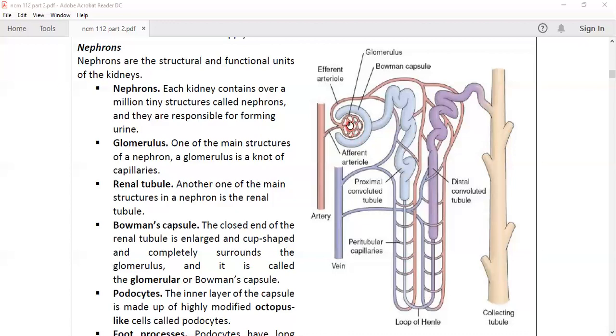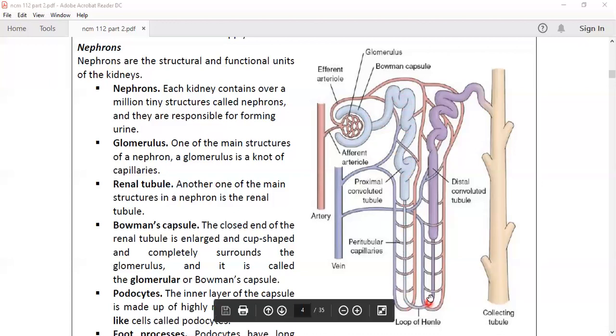Anything in the blood that's destined to go out of your body will be filtered here. Your Bowman's capsule will now catch those filtrates and then funnel them into a network of tubules. So from Bowman's capsule, now going to your tubes. These tubes have different shapes.